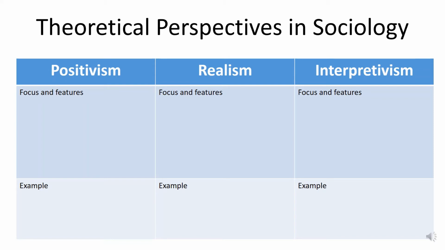Well, in the same way, we've got theories in terms of research. But there are 3 main theories. On the one hand, we have got positivism. On the opposite side, we have got interpretivism. And in the middle, as a kind of mixture of both, we've got realism.